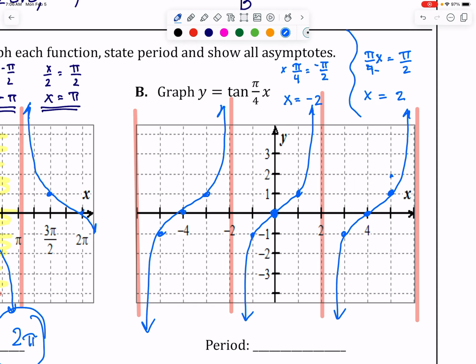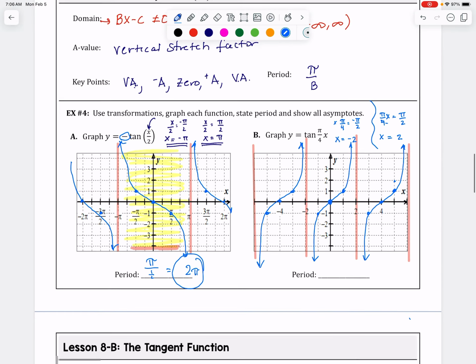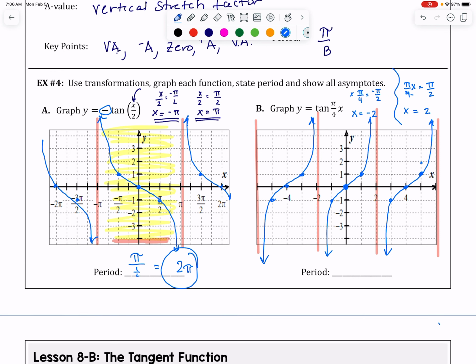And there's our tangent function. The last thing we need to do is find the period. It's pi over pi over 4, and that equals 4. So our period is 4, which we can certainly see on here. Negative 2 to 2 is 4, and that's one period of our tangent function.